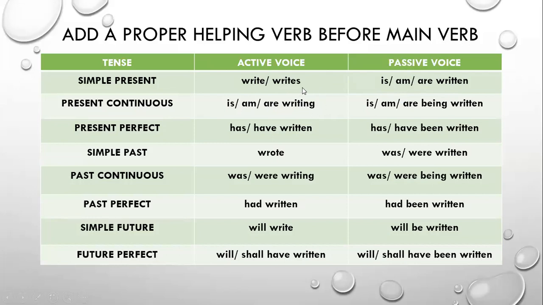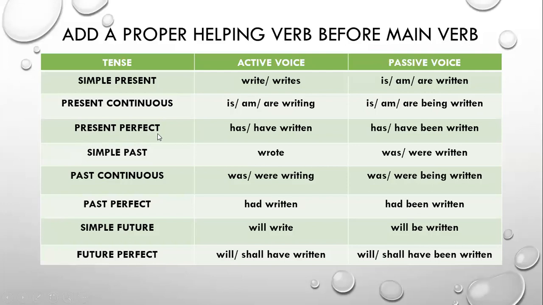Continuous tenses always carry this ing form. So is, am, are writing. While converting it into passive voice, it becomes is, am, are being. Now ing converts into being. If there is ing in active, there will be ing in passive as well, but we add ing with be and it becomes being. So it becomes is, am, are being, then third form of main verb, that is written. So is, am, are writing becomes is, am, are being written.